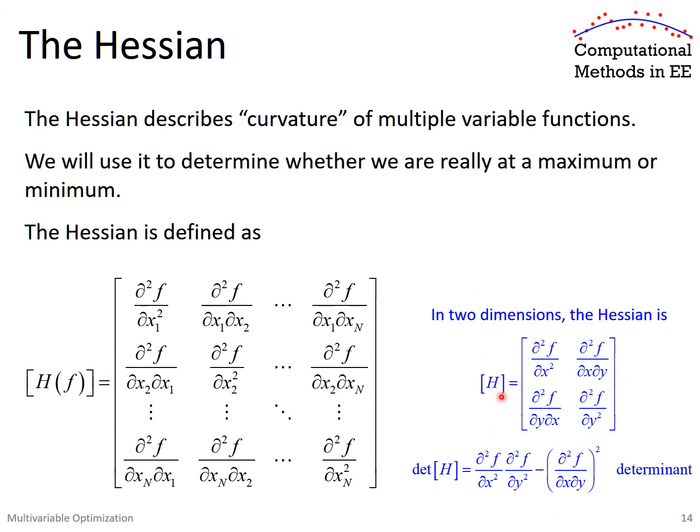The determinant of the Hessian is simply the product of these two terms minus the product of those two terms. So that's our determinant, and the Hessian is simply our multivariable version of exploring maxima or minimum. It's our multivariable version of curvature, if you will.